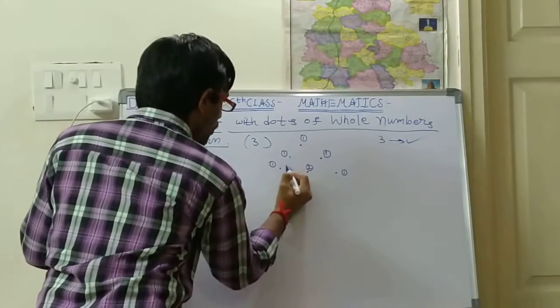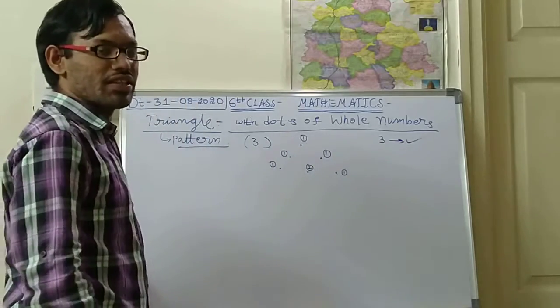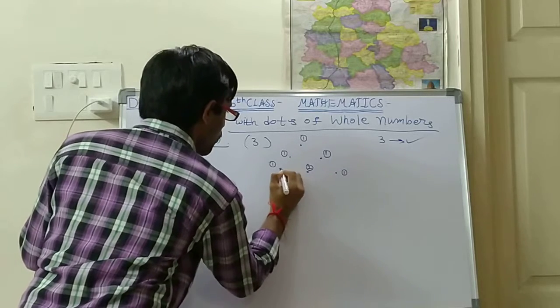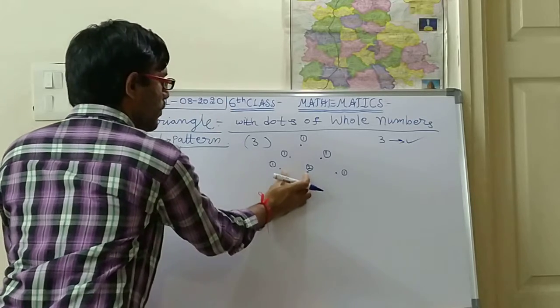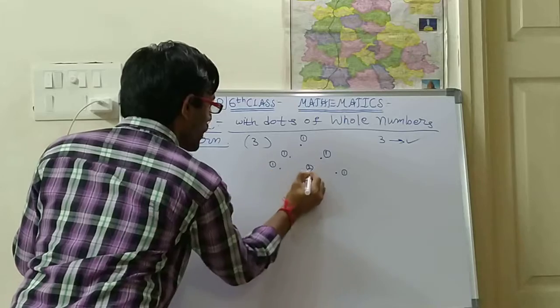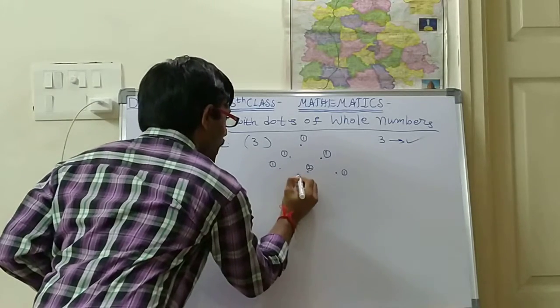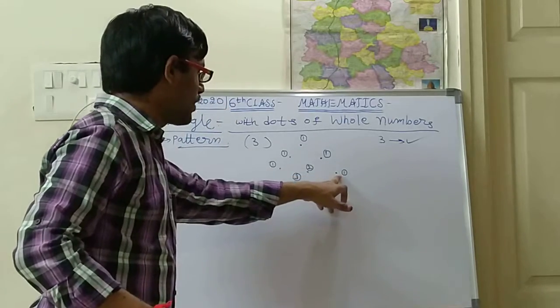Now next, 1 2 3 4 5 6. Is it right, children? Next again here 1 is there, 2 is there. So in between these two dots, take the center of these two dots, and in the next line you keep here 1 plus 2, what is 1 plus 2? 3. You write down 3. Next here 2 plus 1 is 3.